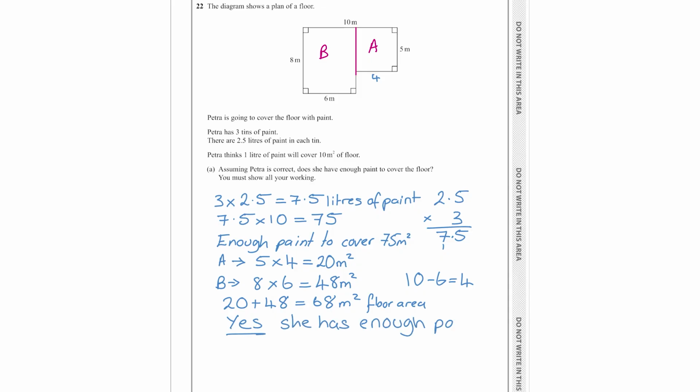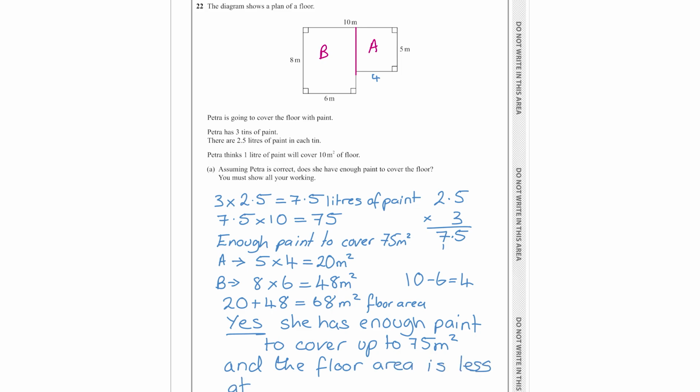She has enough paint to cover up to 75 meters squared, which is more than 68 meters squared. A big yes there, and then they can see you've got all your calculations. So that should be your 4 marks.